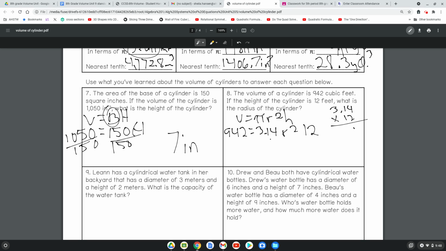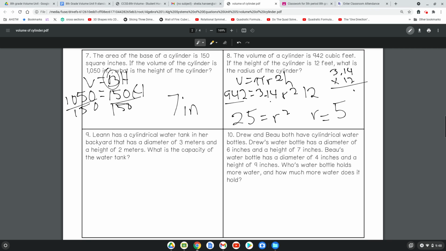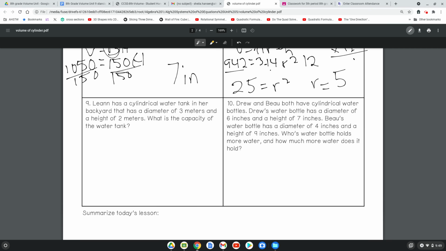And then you're going to take that answer and divide it on each side because you're trying to get rid of it. And then you're going to be left with r squared equals 25. And then it's kind of like the last unit. How do you get rid of that? You take the square root. So the radius is 5. Again, always rewind if you need to or ask questions.